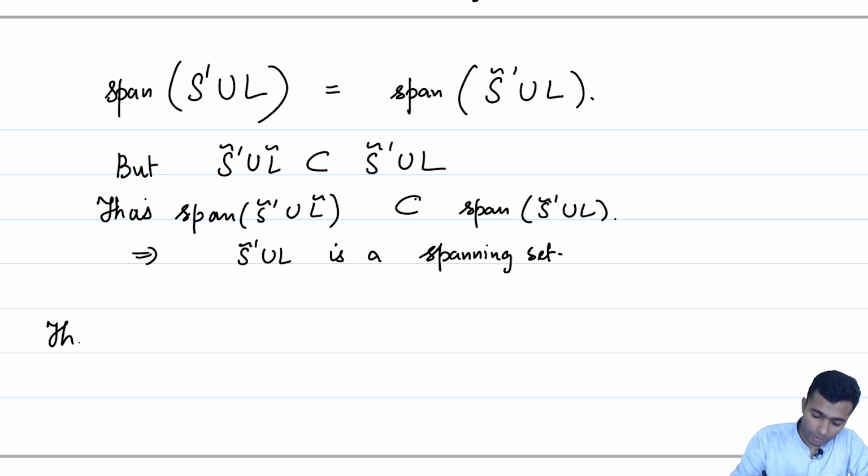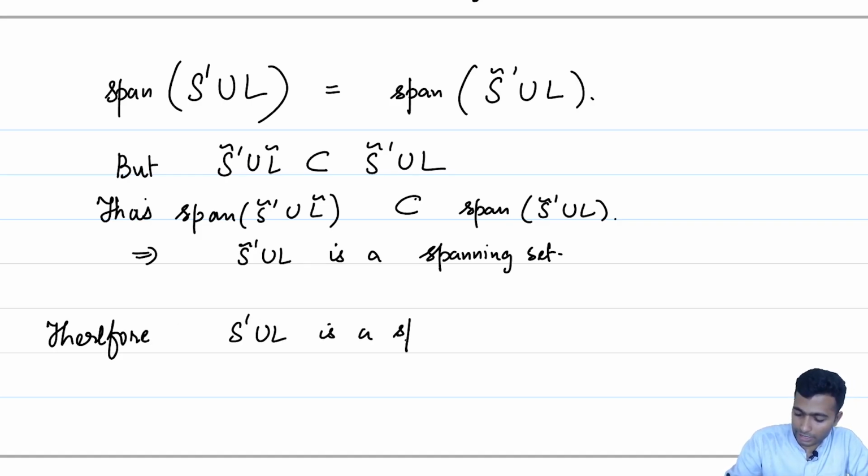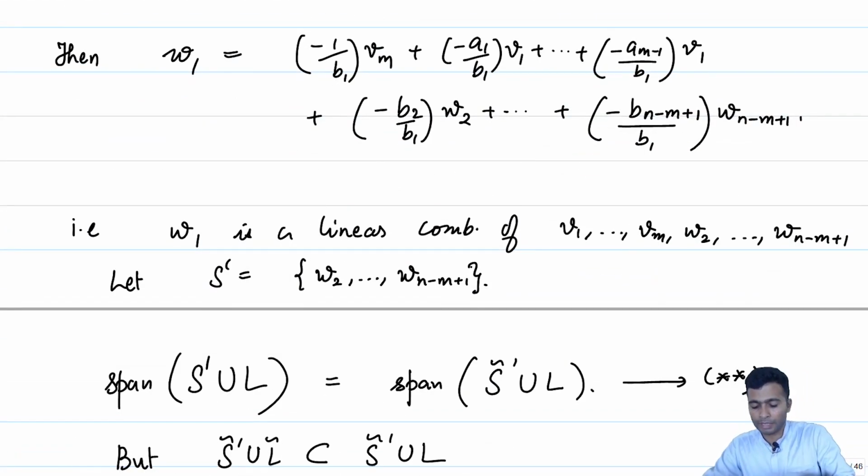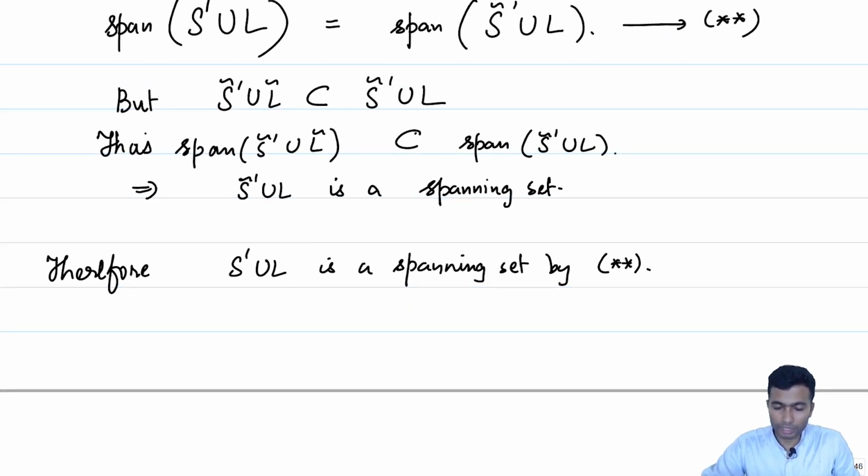Therefore, S prime union L is a spanning set by star star. So, if you notice, we have proved the result because S prime has n minus m elements and it is a subset of capital S, and moreover S prime union L is a spanning set.